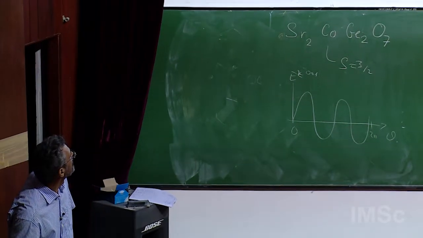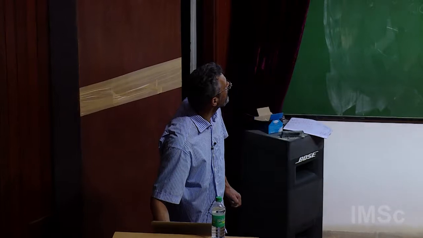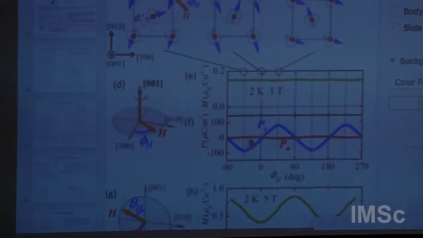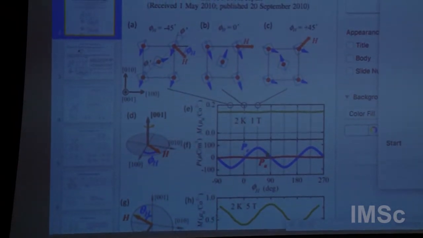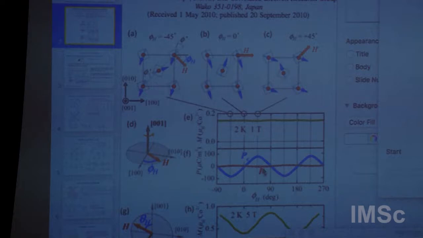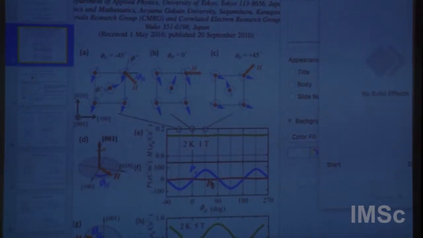Right, there it is. The phi angle, phi_H, goes from minus 90 degrees to 270 degrees, and this is the polarization that has been measured along the c direction, along the z direction. So it does exactly what we figured out here.